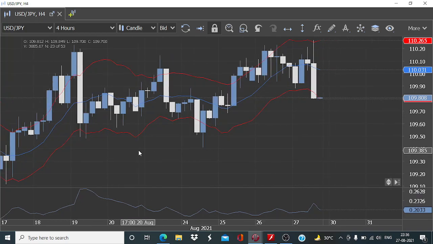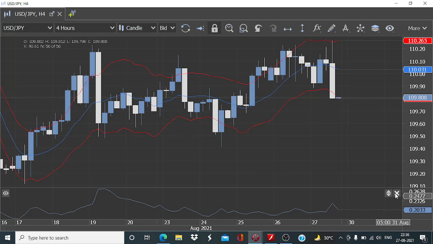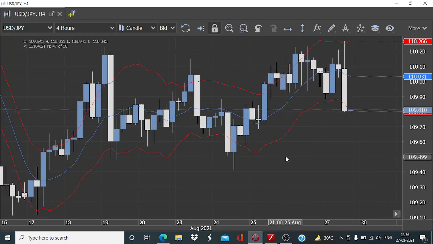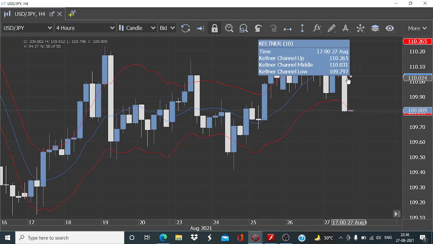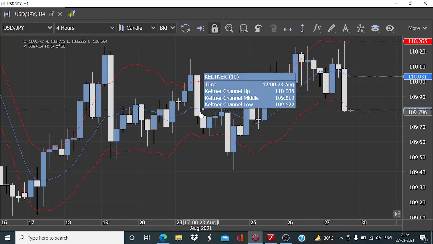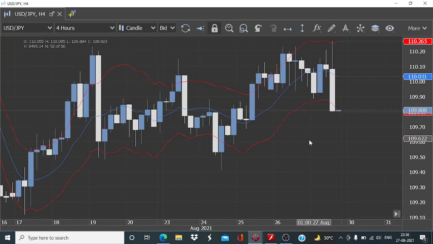This is the JForex platform, and I have plotted the Keltner channel on the chart of USD JPY with the candle period of 4 hours. We have this channel which is derived using the combination of the EMA and the ATR.